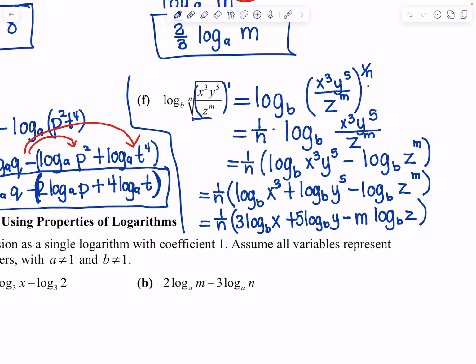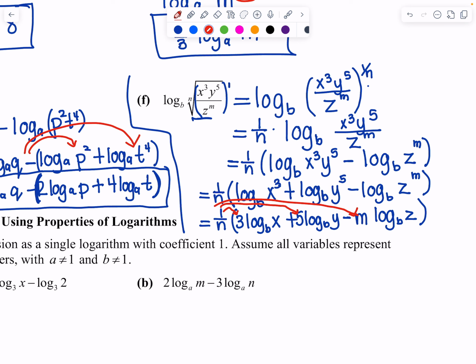Now, for me, I could leave it like this if I wanted to, but you can do one more thing. You have to be able to distribute this right here to each thing on the outside. You would distribute this to the 3, then distribute this to the 5, and then this to the m. You're not distributing it to the log term, but to what's on the outside that can multiply.